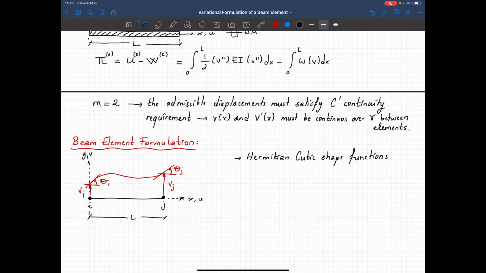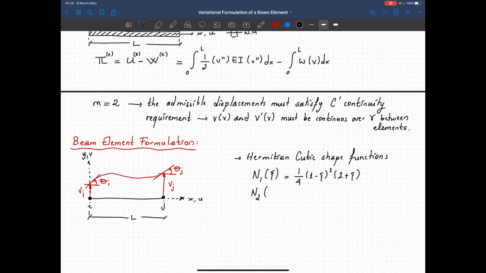So the equations and the shapes of these functions are as follows. N1 in its natural coordinate system, psi, is 1 over 4, 1 minus psi squared, 2 plus psi.